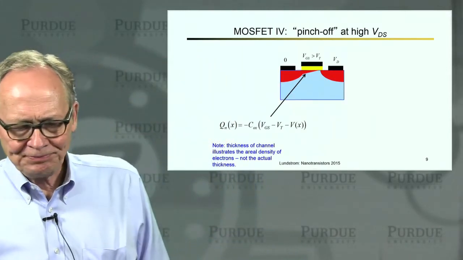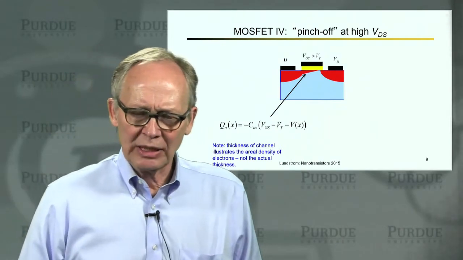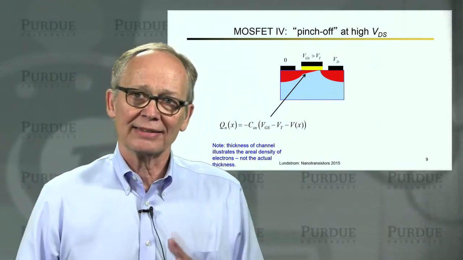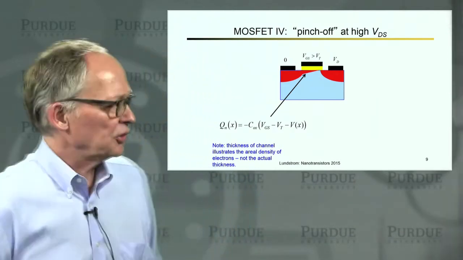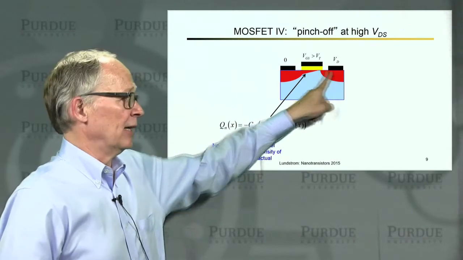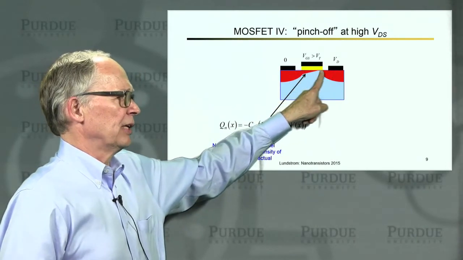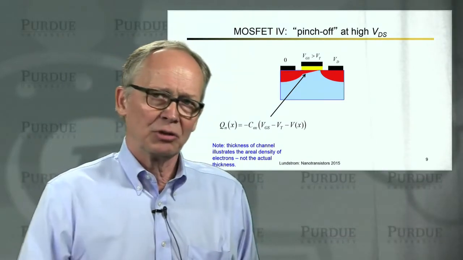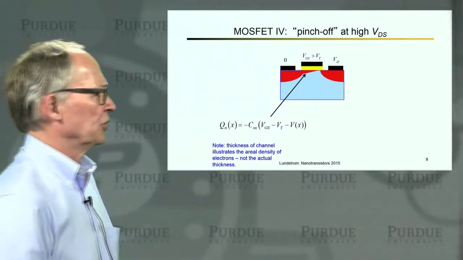Okay, so with that now we can see if we can derive the IV characteristics of a long channel device, the square law device. So the situation looks something like this. We have a very large voltage on the drain now. So there's a very large potential drop along the channel, meaning that the charge is not going to be uniform along the channel. It's going to vary with position.